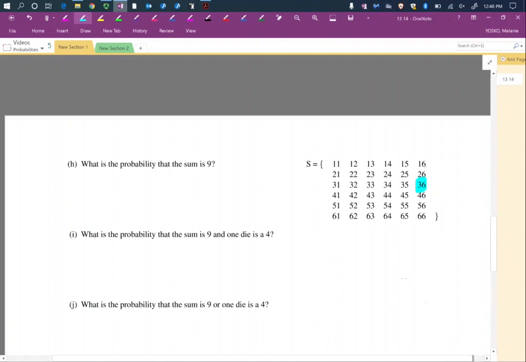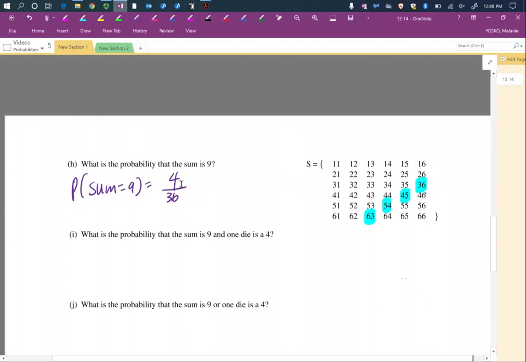But what if I wrote 6 plus 3? Does that work too? Are there any other values that if I add them, I get 9? What about 4 and 5? 4 plus 5 and 5 plus 4. Okay, so the probability that the sum is 9, the denominator is always 36, will be 1, 2, 3, 4 out of 36. And you can reduce it if you want to.